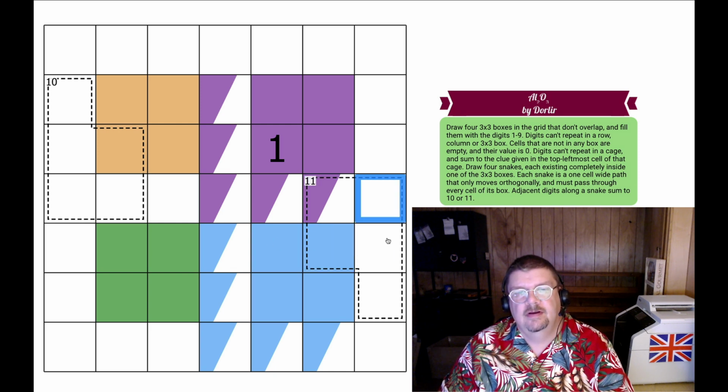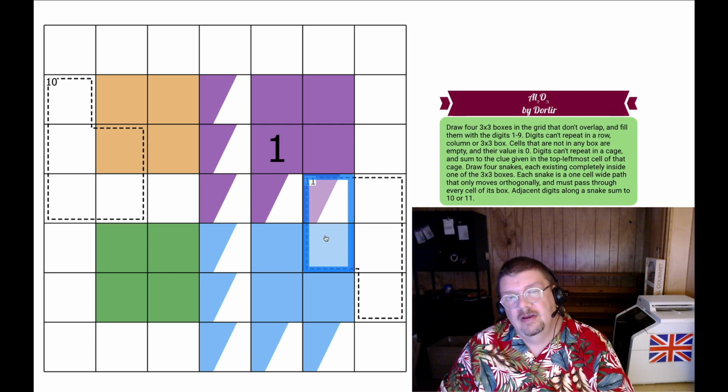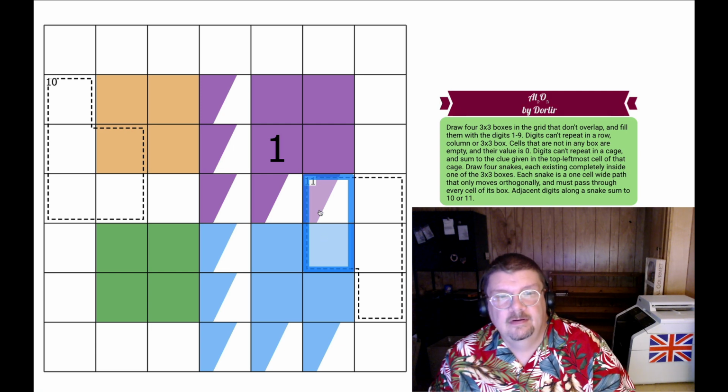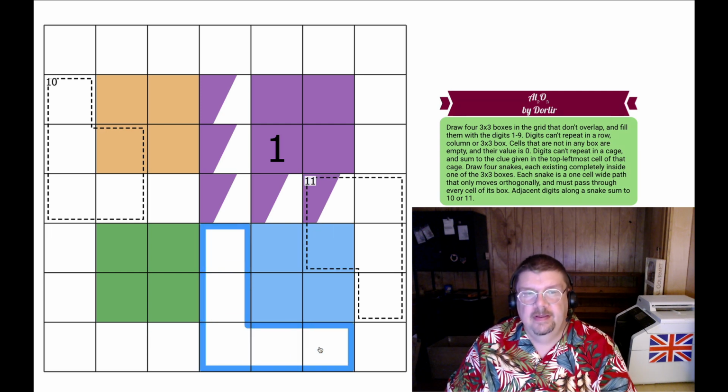If we had this configuration, these would be outside, that there is no box that can take those, so they'll be empty and value 0. These are corner cells which have a maximum of 5, in fact they're low digits, so because they're in the same cage they would be 5 and 4, that would total 9, which is not 11. Newsflash. So that can't be the blue configuration if this is the purple configuration.